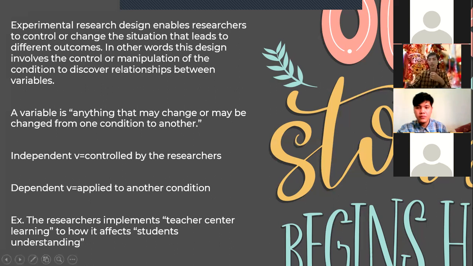And I give you an example here. The researchers implement teacher-centered learning to see how it affects students' understanding. So teacher-centered learning is the independent variable, and the students' understanding becomes the dependent variable. Is everything clear here? Yes. Okay, next.